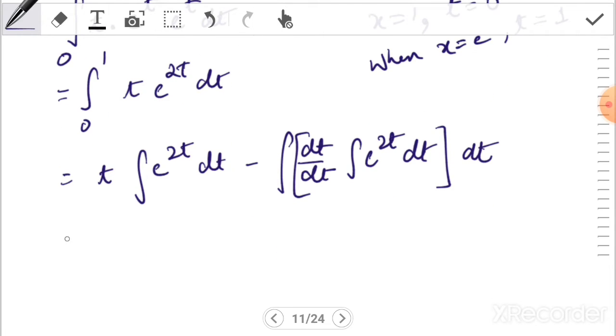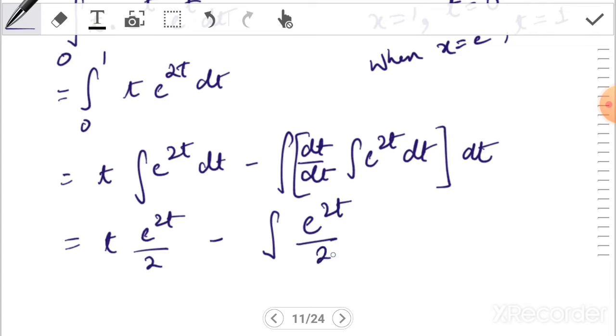So this is t e raised to the power 2t by 2 minus, this is 1, so integral e raised to the power 2t by 2 dt, 0 to 1.